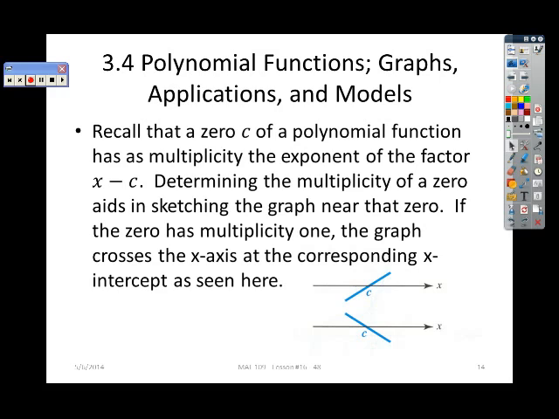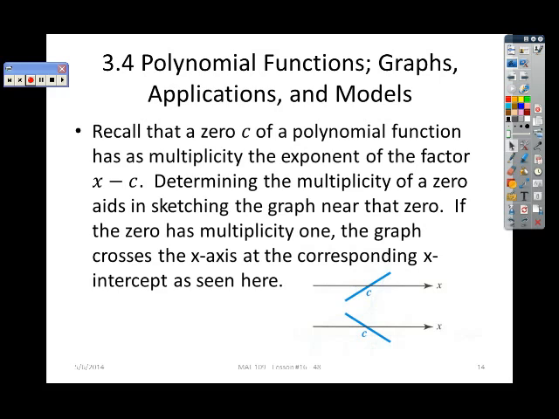And referring back to multiplicity, when we're talking about the graphs of these functions, it's possible that we may have a repeated root, which means a multiplicity. So if we know what the multiplicity of that zero is, in other words, does it occur more than once?